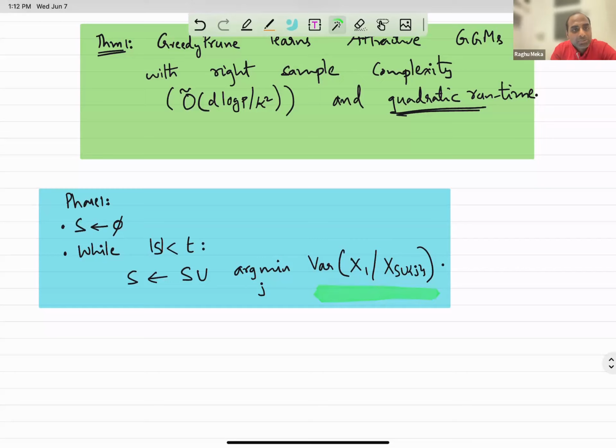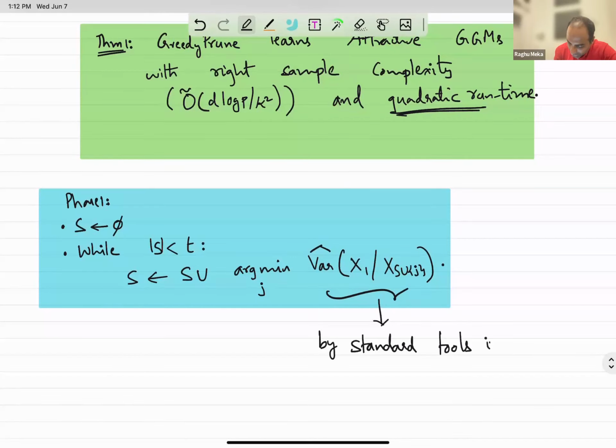When you have samples, you cannot estimate this variance exactly, but you can get an approximation by standard tools in statistics.